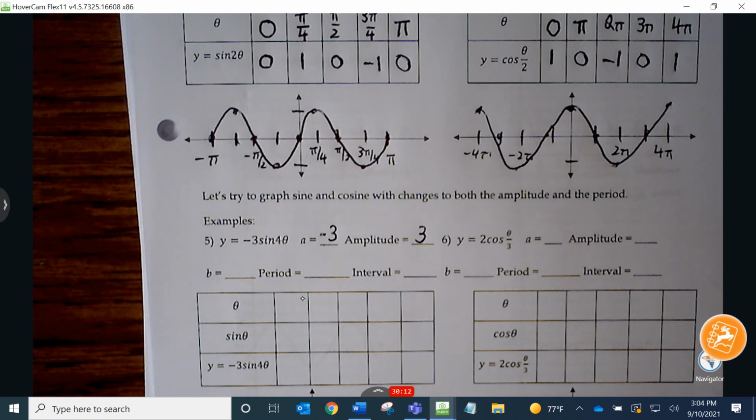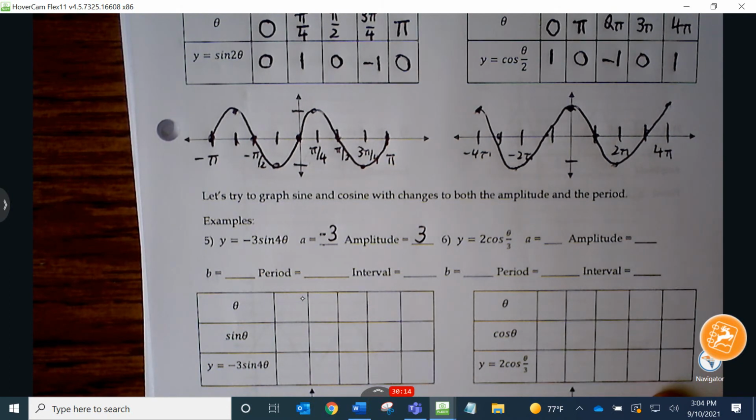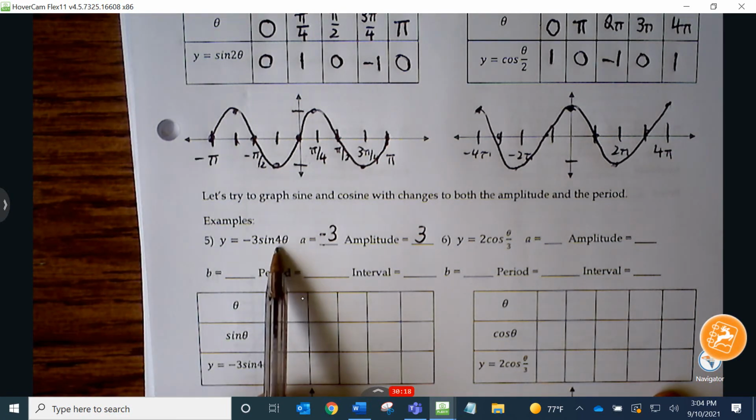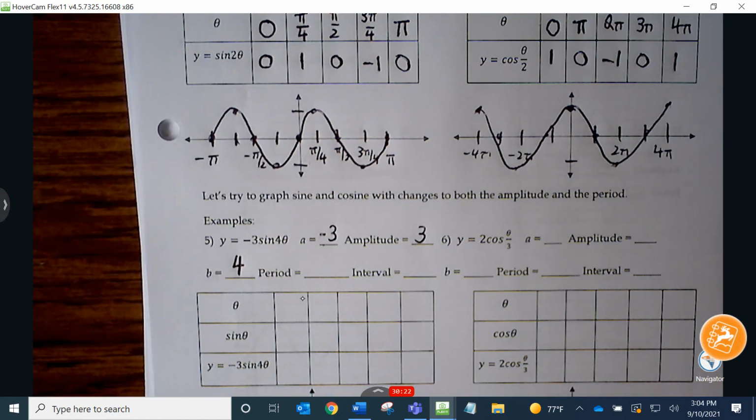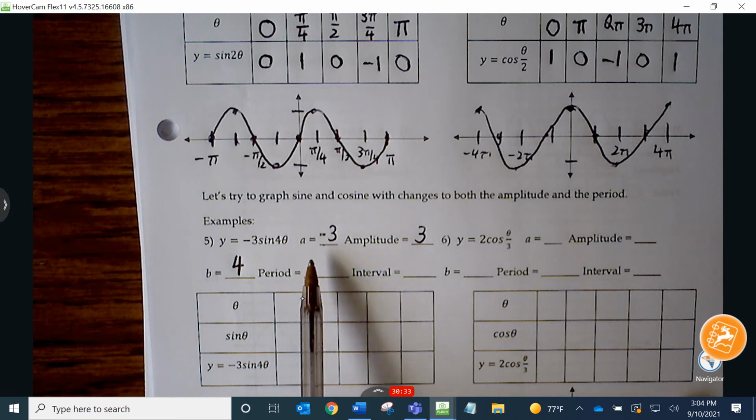Okay, what's our b value? B value is just the 4, right? We know that that 4 is going to change the length of our period, so how do we figure out that change? What's our formula? 2 pi divided by 4. Good.